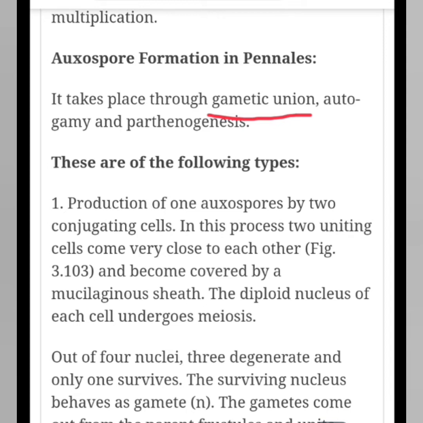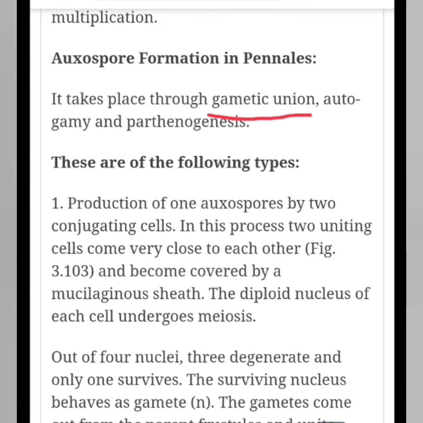And later on, the gametes from both these frustules. Remember that the unicellular cell in a diatom is always known as a frustule. These gametes come out from the parent frustule and unite together to form a diploid zygote.